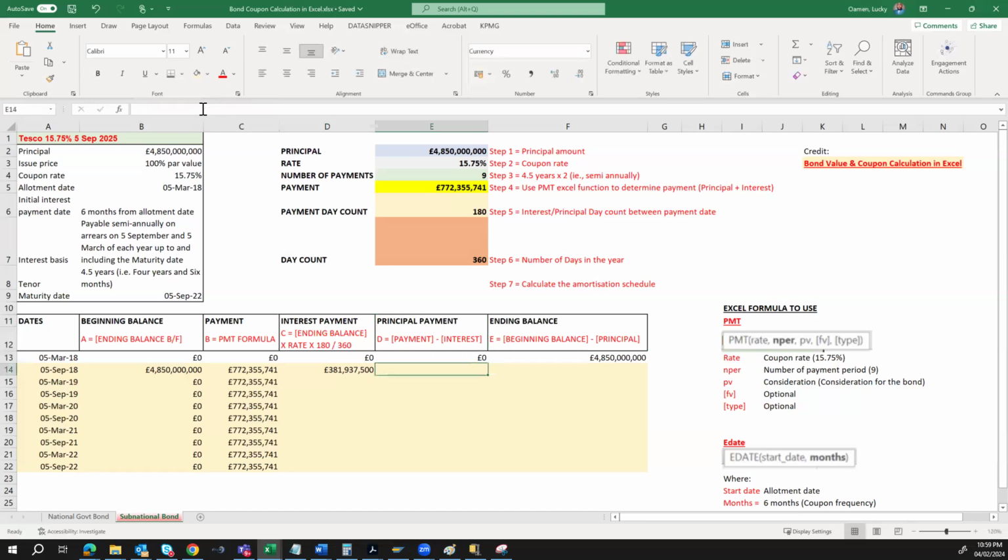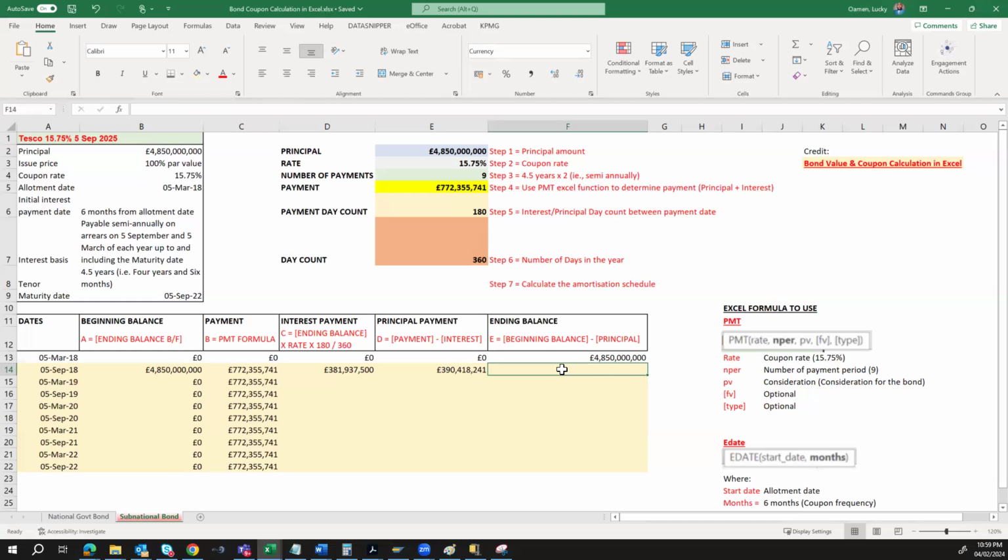So to determine the principal payment, we said it is the payment amount, which is determined by the PMT formula, less the interest. So equals 772 less 381. All right. So out of this 772, 390 relates to the principal portion, and the ending balance is the beginning balance less the principal, because that's what you have to repay to pay down the loan, or for the bond issuer to fully pay down the loan.